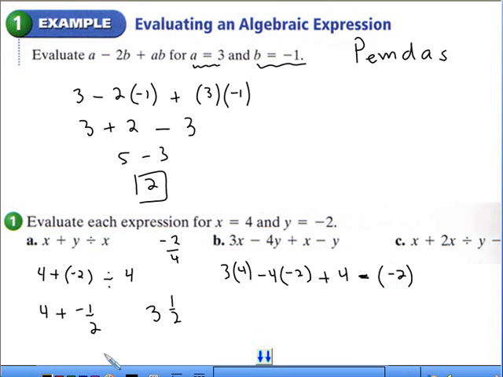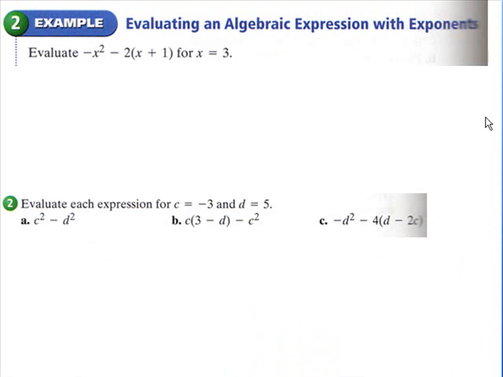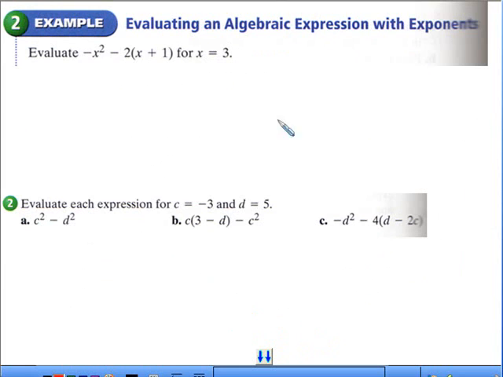So work everything out. We end up with 12, negative times negative gives you positive 8, plus 4, and 2 negatives next to each other become positive, so plus 2. So we're going to end up with 26. And you guys get the point.